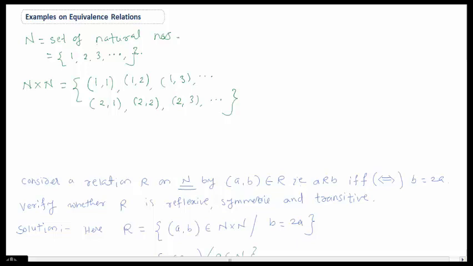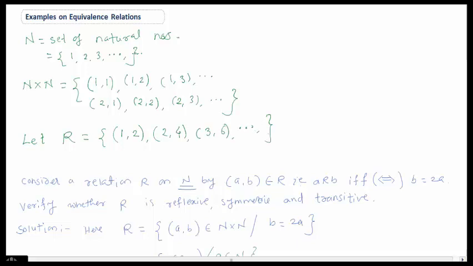If you want to take any subset of this, let R be a subset of N cross N such that the first number is 1 and the second is double of the first. So (1,2), (2,4), (3,6), (4,8) and so on.